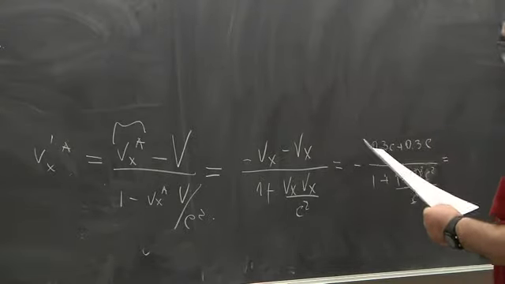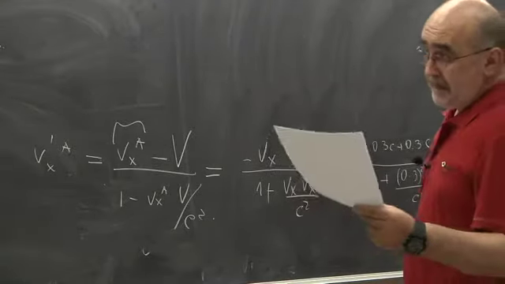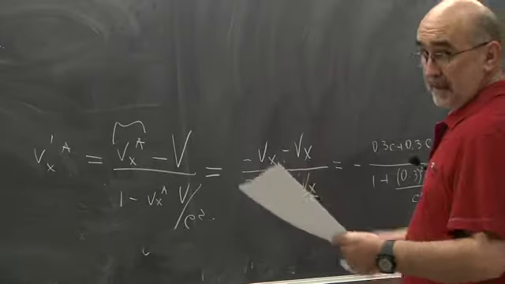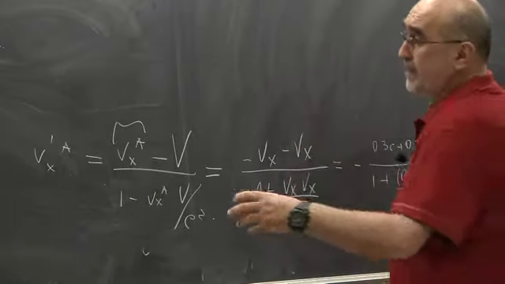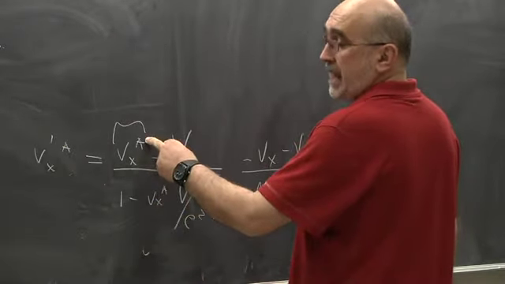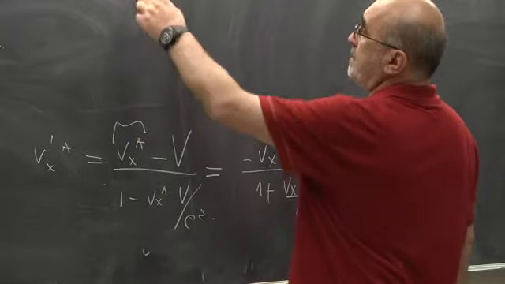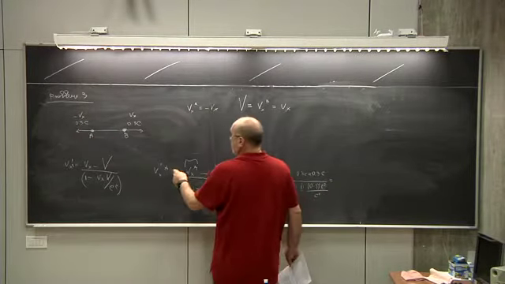Okay, and do this calculation. You understand what I did? The difficulty in this problem is in finding out which is the velocity of what. So here, this is the velocity of the galaxy A in the frame we were before. The velocity of galaxy A is minus Vx, because it's going in that direction.